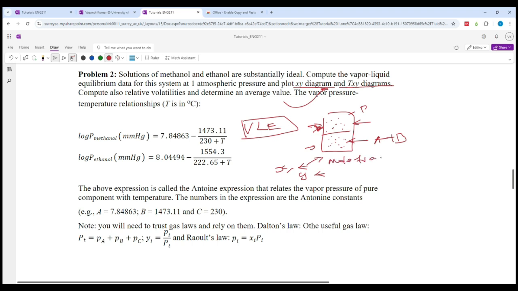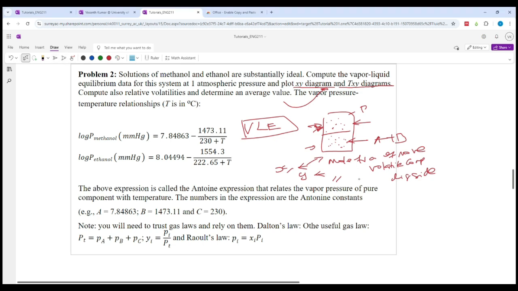It's the mole fraction of the more volatile component on the liquid side. And similarly, Y refers to the mole fraction of the more volatile component on the vapor side. So these are some notations that we are going to define.